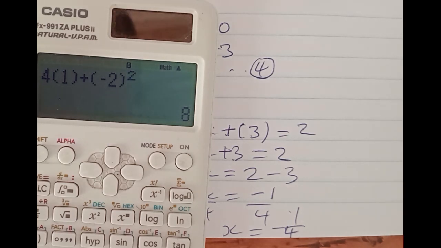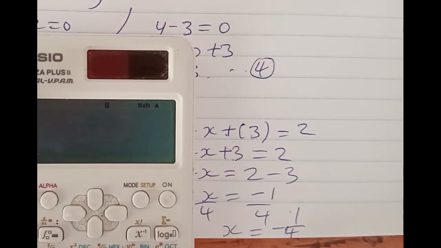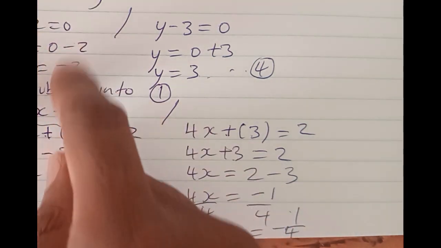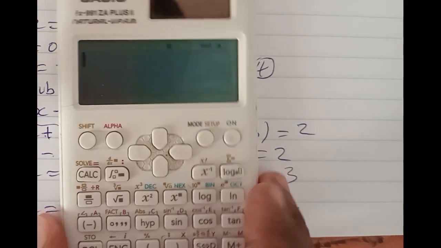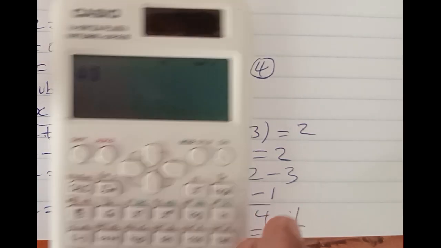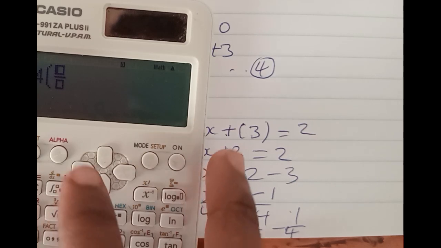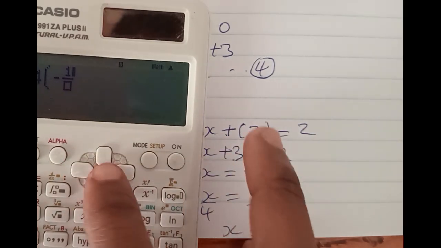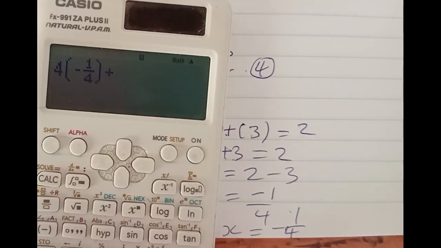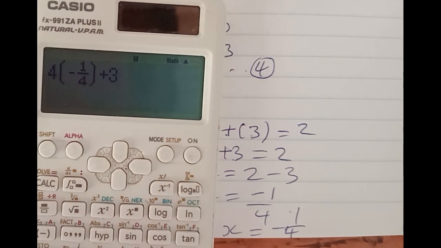So I'll have to also test with the second values. When I'm talking about second values, I'm talking about these values. These ones are the first values. So my equation number 1 is 4 times our x value, -1/4, plus my y value, which is 3, and they should give me 2.